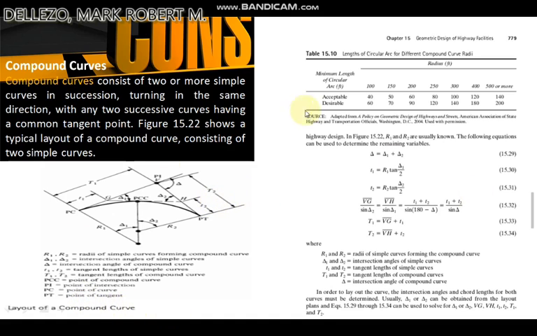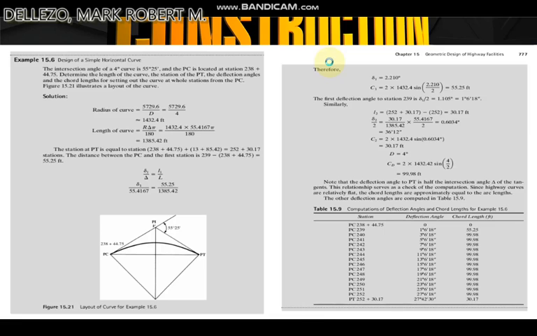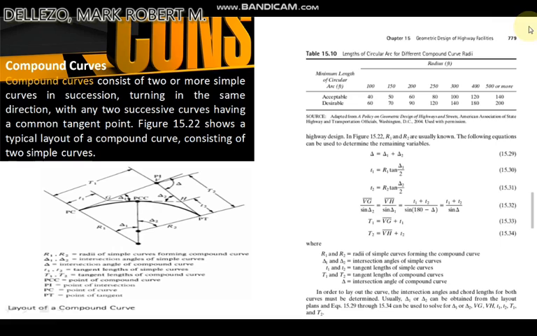Then this is table 15.10, a table of length of circular arc for different compound curves.